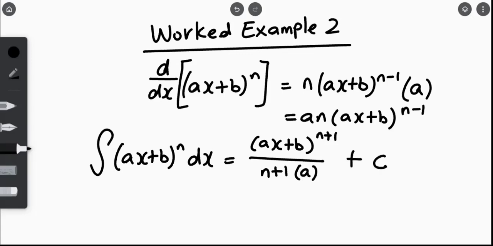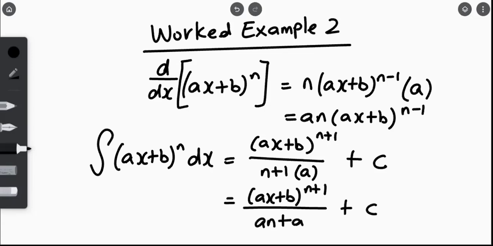C. Okay, so therefore this will be my answer. If you want to put it a bit nicer, you can: ax plus b to the n plus 1 over a times n plus 1, plus c. Okay, so this one is power add 1 divide by power, divided by the differentiation of the inside bracket. Okay, I think you all got the hang of it.